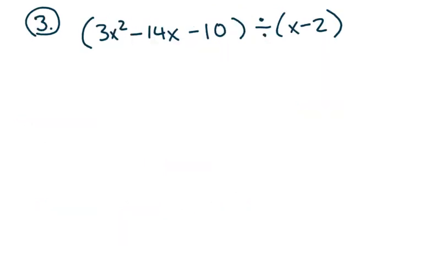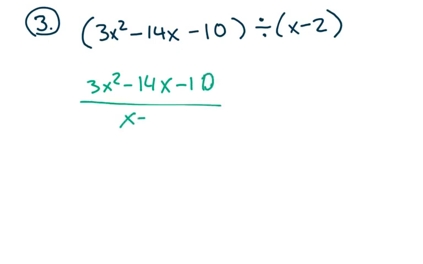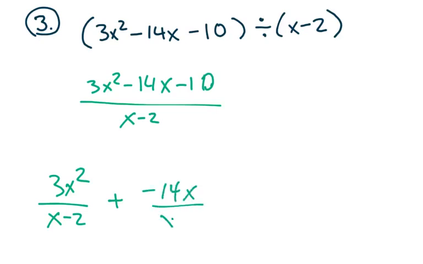Alright, so here's where it gets interesting, because when we're dividing like this, remember this is the same thing as saying this, right? These mean the same thing, first off, right? But if you rewrite this as such, there isn't much I can do from here.